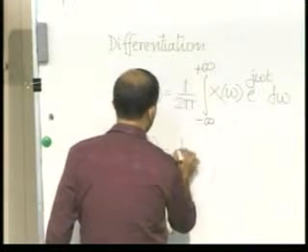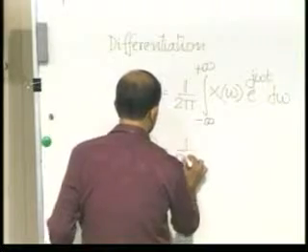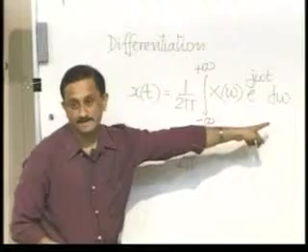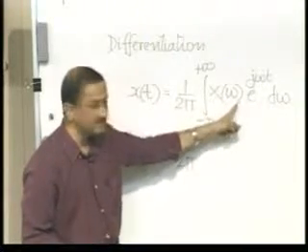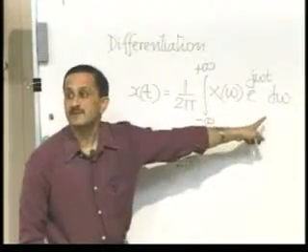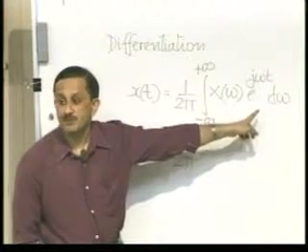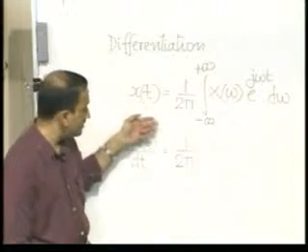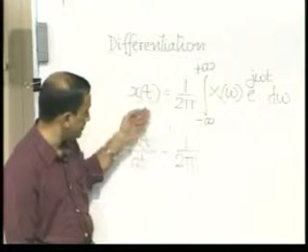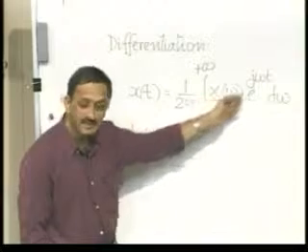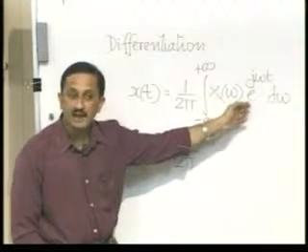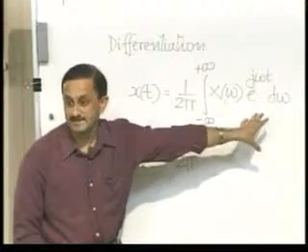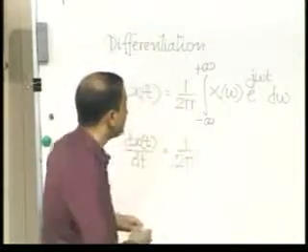Clearly, this is 1 by 2 pi. Now view this integral. The integral is on omega. Inside the integral, the integrand has only one term dependent on t, namely e raised to the power j omega t. In a wide class of situations, the derivative with respect to t can be taken inside the integral sign and operated only on those terms in the integrand which depend on t. And here that is e raised to the power j omega t.